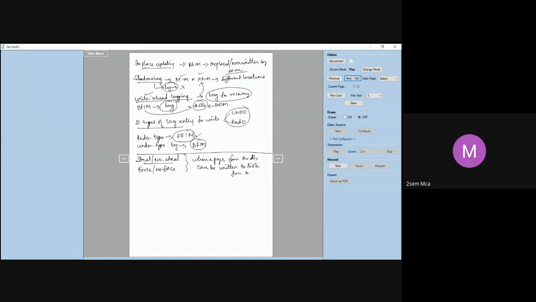That means we are transferring from the cache to the disk. Whatever page we have modified, we have to transfer it to the disk. When can it be done? When can we do it? That is what is described in these two techniques, steal, no steal, and force, no force.